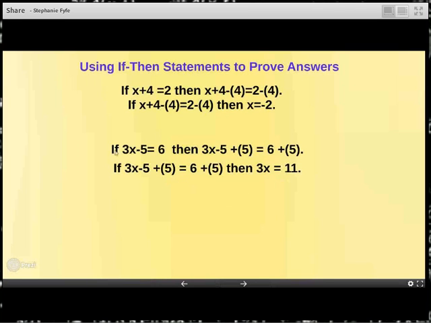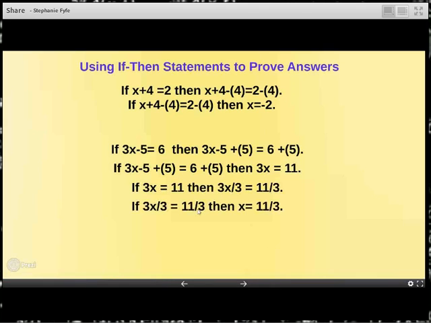And if 3x equals 11, then I can divide both sides by 3. Since I've divided both sides by 3, I know x equals 11/3. So I can pull these things all the way together by saying, if 3x minus 5 equals 6, then x equals 11/3. This is a lot more how the mathematical proof is going to go.